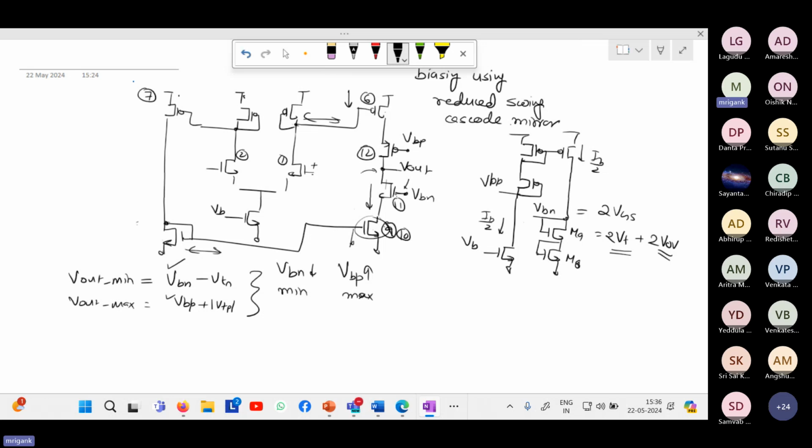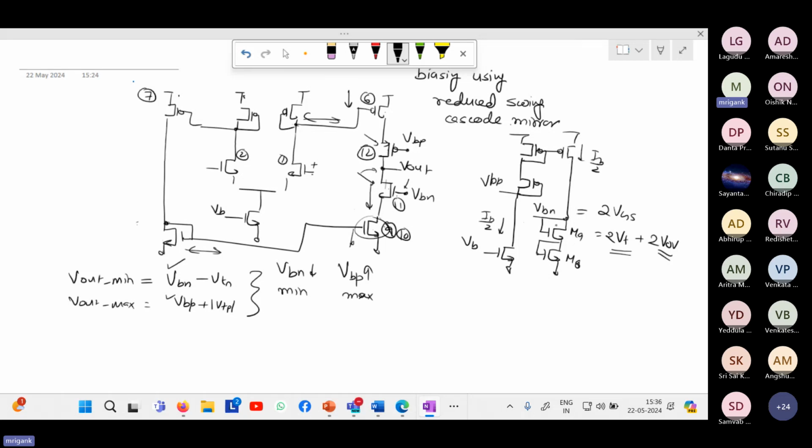And along with that, the bias current is anyway fixed, so lambda ID remains relatively fixed. So you have to basically increase the W by L of these. So one possibility is that you go on increasing the W by L of these two devices.